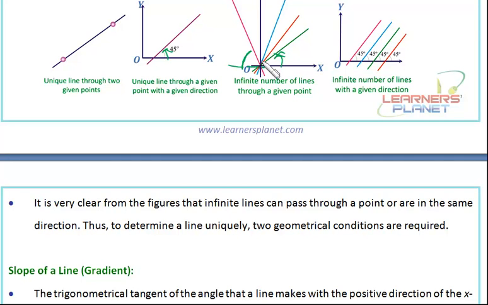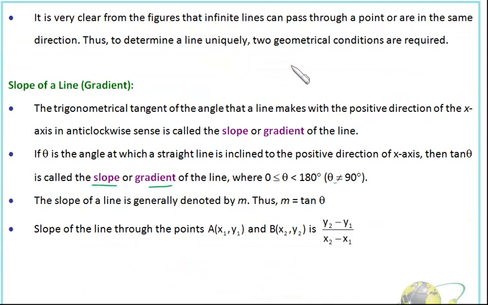The slope of this line should be calculated from this side, right? This way. So it will definitely be more than 90 degree. If you take it from this side, it will be less than 90 degree, right? So the calculation of slope will be wrong, right? So you have to take the direction from the positive side of x-axis, and the direction should be anti-clockwise. Okay, that's really important.